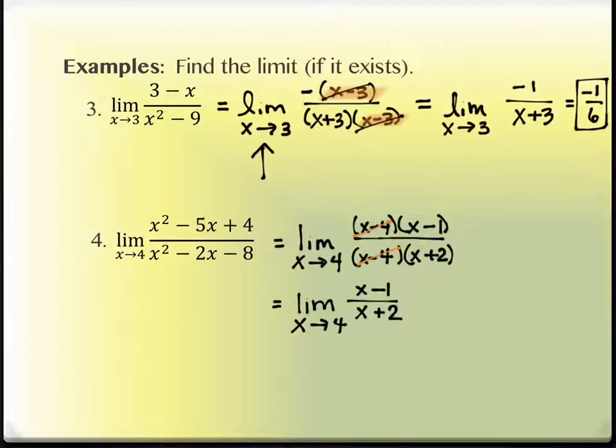I am. So I have 4 minus 1 on top, 4 plus 2 on bottom, which gives me 3 over 6, 1/2 when I reduce. Good job. Okay, so factoring. That's a thing, and we're going to need to use it.